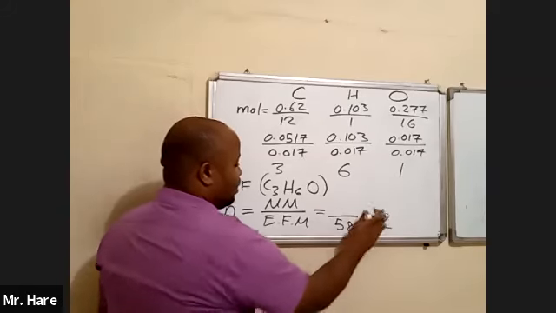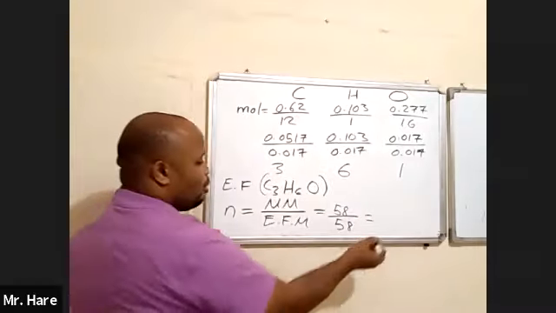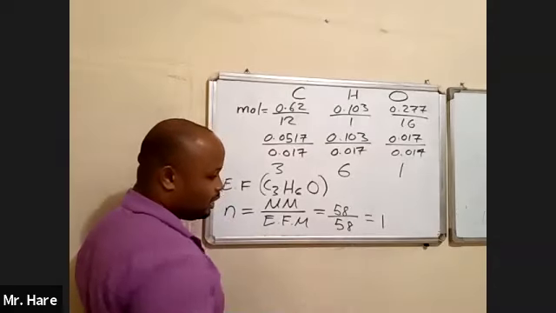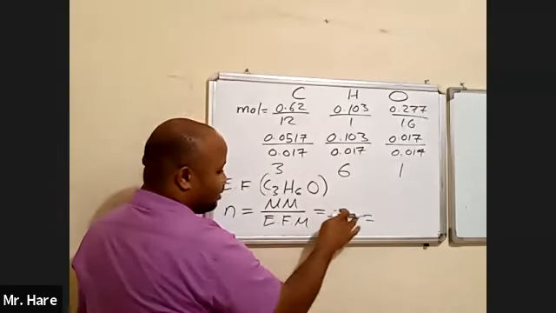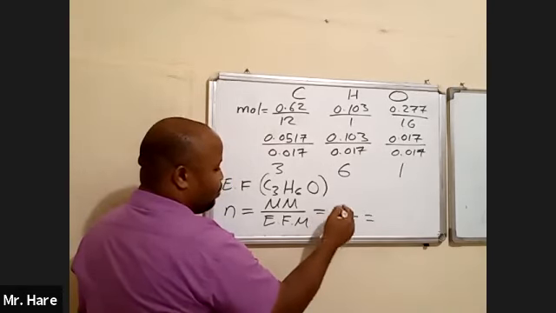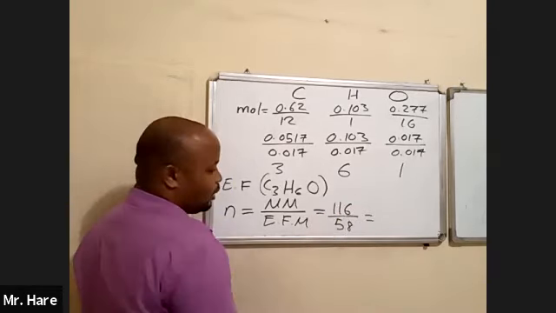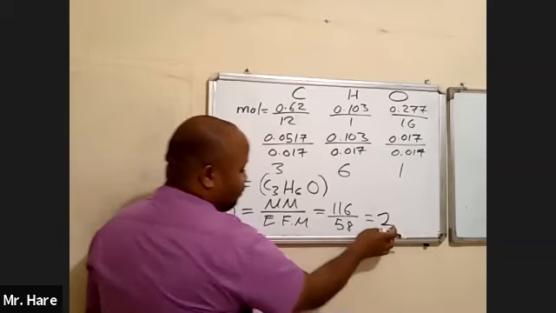It's just an example. In the question it was 58, and we get 1 for the answer. For explanation purposes, I'm changing it to 116 so that I can get 2 for the answer.